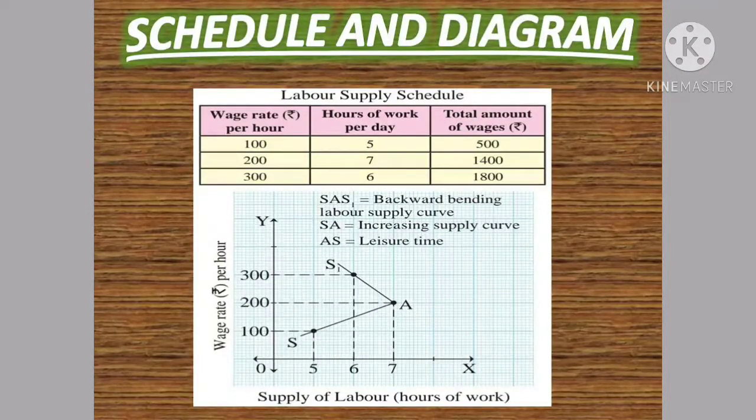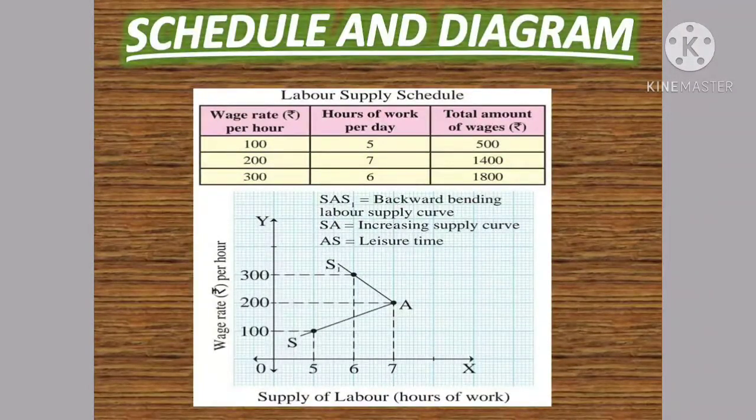Initially, when the wage rate is rupees 100 per hour, the hours of work is 5. The total amount of wages received is rupees 500.